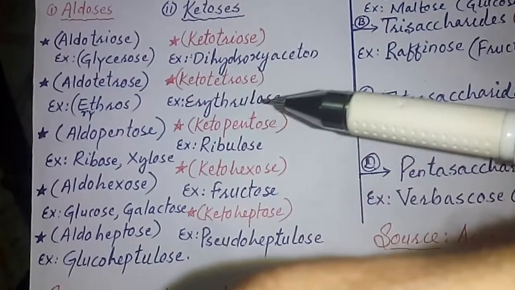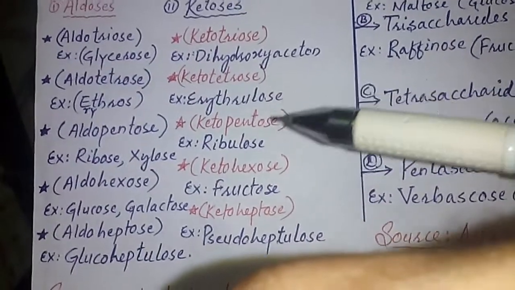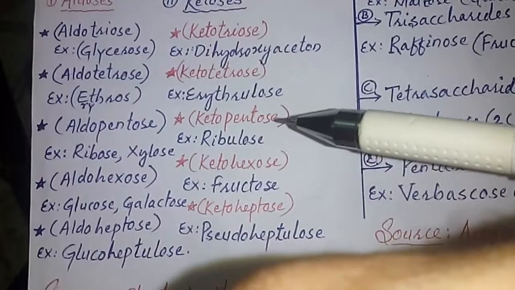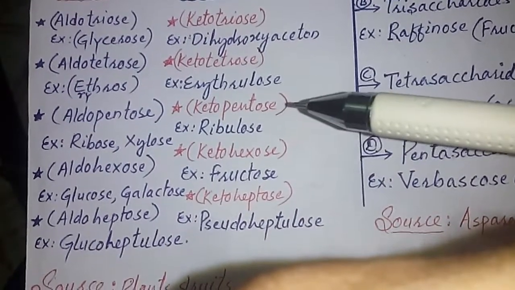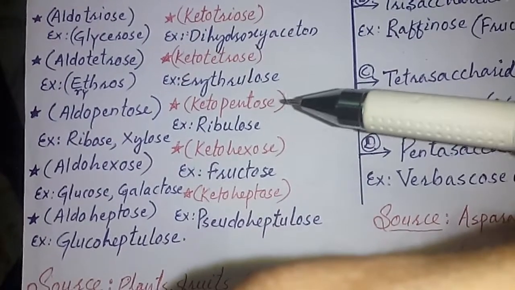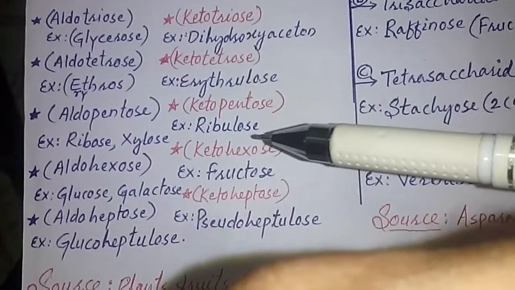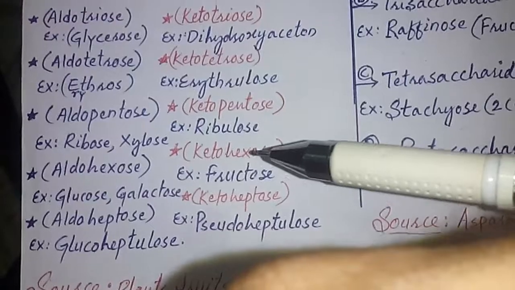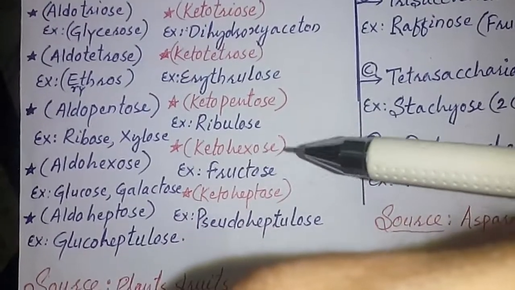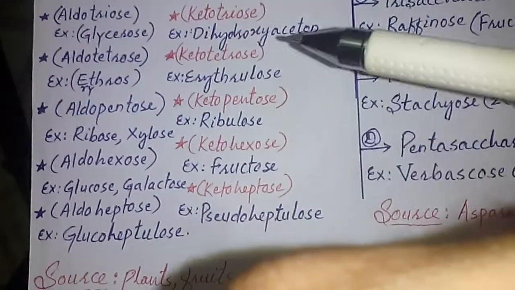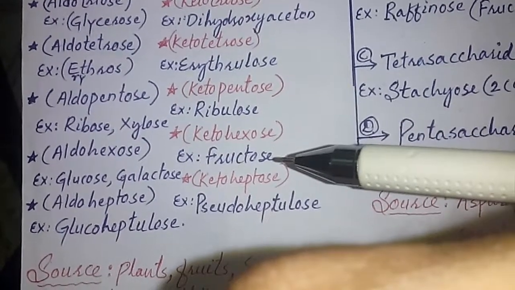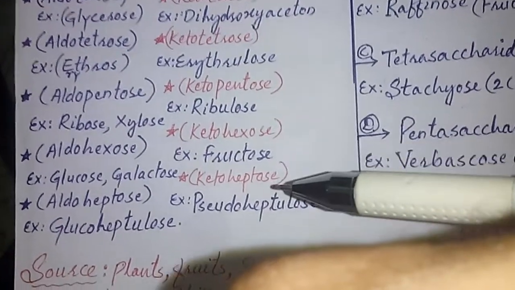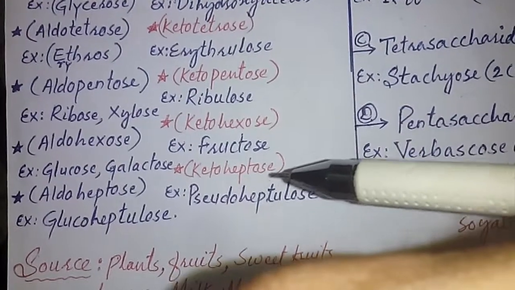Example, erythrulose. Then the ketopentose. Ketopentoses are those ketoses which consist of 5 carbon atoms, because penta means 5, and its example is ribulose. Then ketohexose means those ketoses which consist of 6 carbon atoms, and its example is fructose. While the last type is ketoheptose.